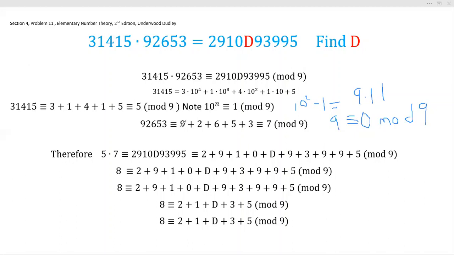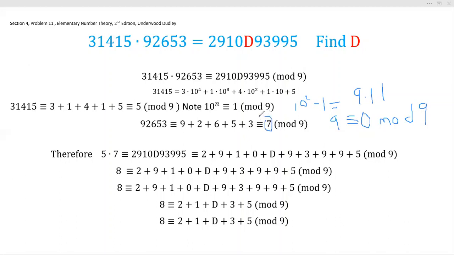Do we have anything else that will become 9? Yeah, we have a 6 and a 3 that is 9. So this 9 would become 0, 6 plus 3 would become 0, and all you're left with is 5 plus 2, which is 7. That's the 7 that you see right there.